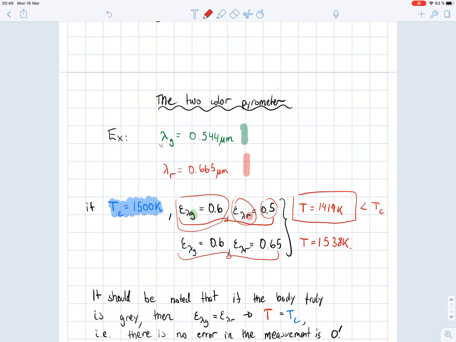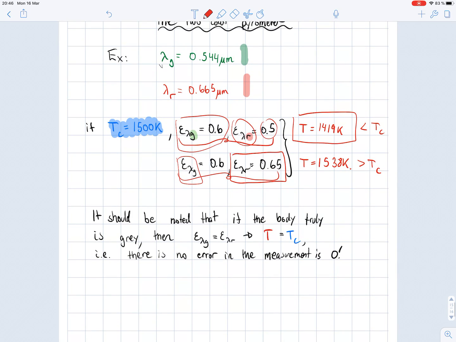However, if the spectral emissivity for red light is greater than that we have for green light, then we measure something which is larger than the true temperature, so the temperature that we read off will be smaller than the true temperature of the surface.